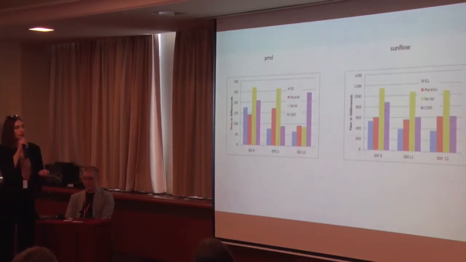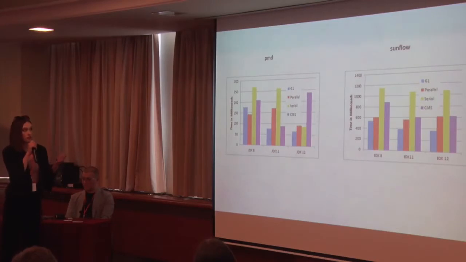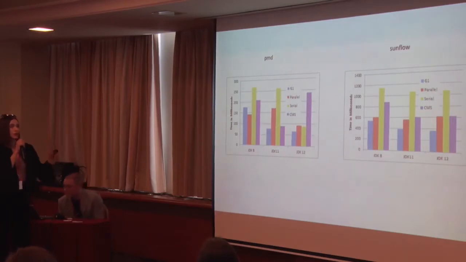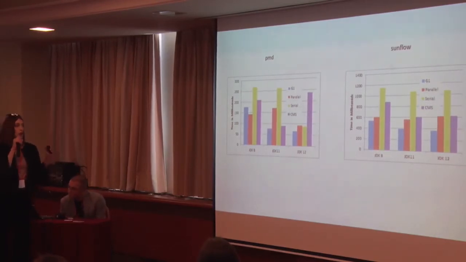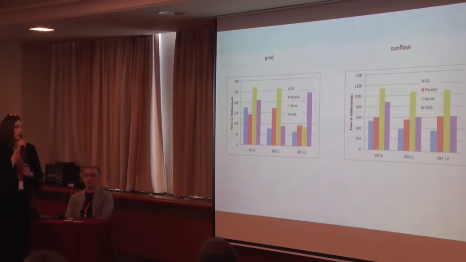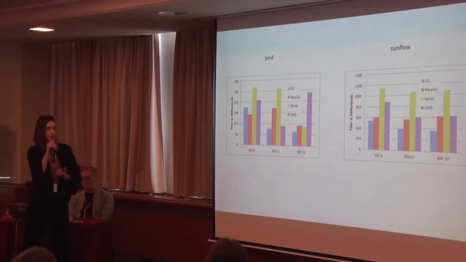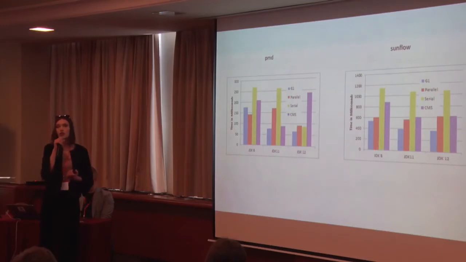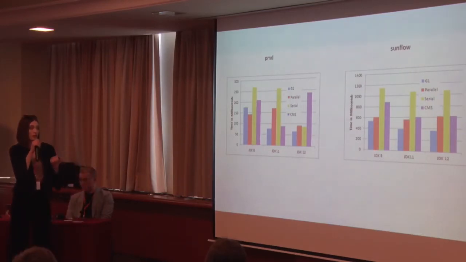Here are the results for the PMD case and the Sunflow case. I only wanted to show you the time used to perform the collections, because we believe that's more important than the number of collections in this case. As you can see, G1 performed in a really decreased time in comparison to other garbage collectors, and through different versions of the JDK, its execution time has significantly reduced.